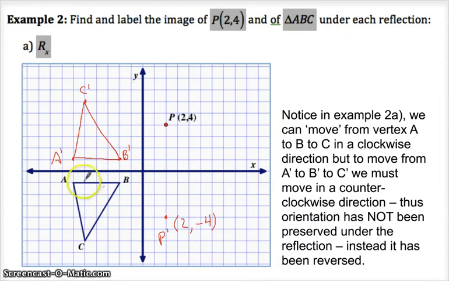Notice, if you call this triangle ABC like we did, the decision to label it A to B to C was kind of a clockwise naming system. Then if we figure out that it maps to triangle A prime, B prime, C prime, look at the way A prime to B prime to C prime is labeled. The labels kind of go that way.